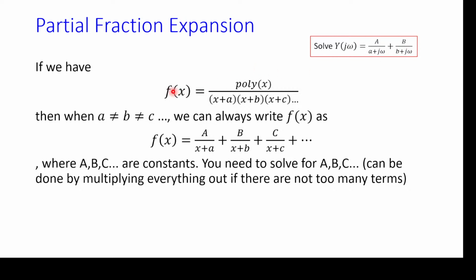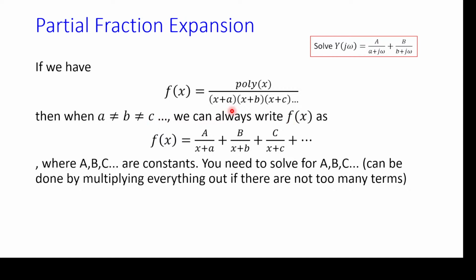And in general, what you are given is a rational polynomial, so you have some function f of x that's some polynomial over another polynomial, and let's assume the lower part has been broken down into all its factors. So you have x plus a, x plus b, x plus c, etc.